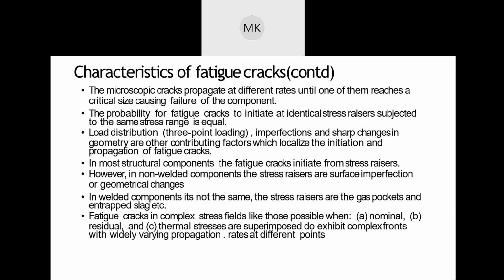So load distribution in terms of a 3 point bending or 3 point loading that is happening in the material. If you guys know what a 3 point bending is, let me explain that. So let's say 3 point bending is a test like this where it's held in 2 points like this and you're applying a stress in the middle of the material.